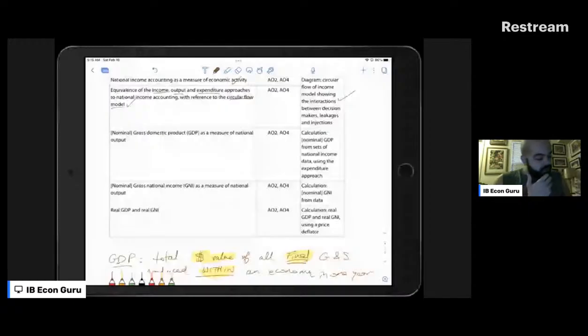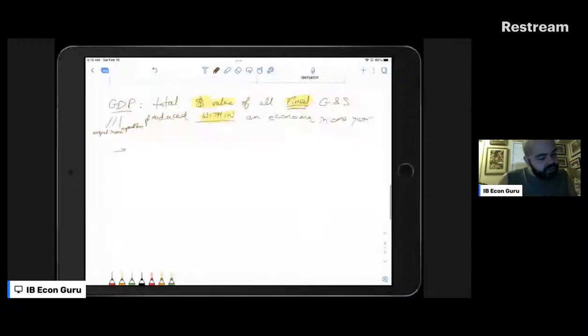So what are some of those adjustments? Basically, adjustments to GDP to get a more complete picture of the level of economic activity or the performance of the economy.